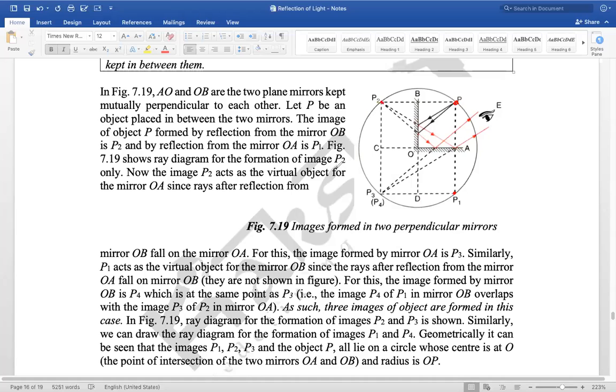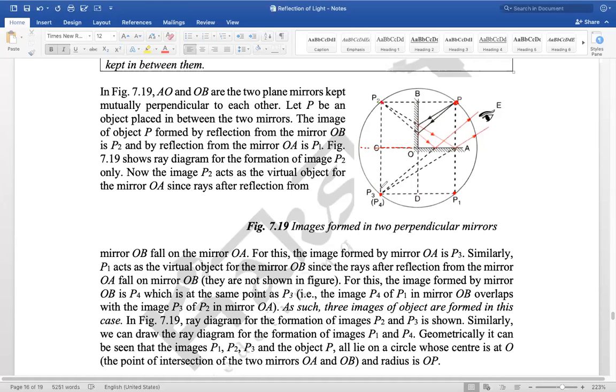Now for this the image formed by the mirror OA is P3. तो इसके लिए जो OA से जो इमेज बन रहा है दिस इज P3 यहाँ पे. इसको एक्सटेंड कर देते हैं. इसका जो इमेज है यहाँ पे मिलेगा हम लोग. ठीक है.